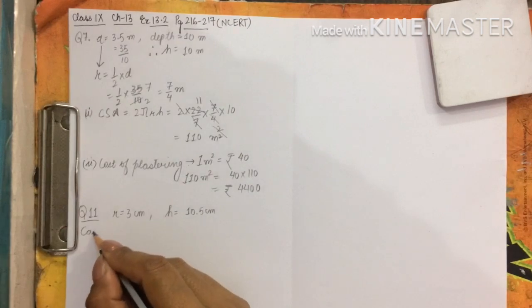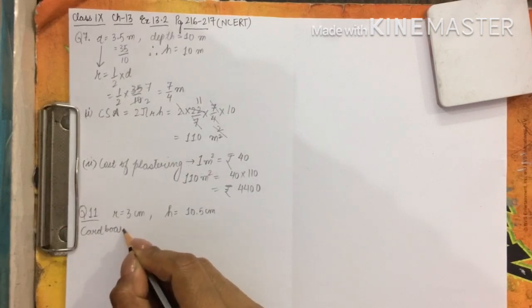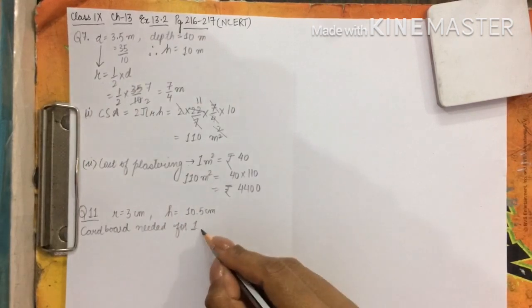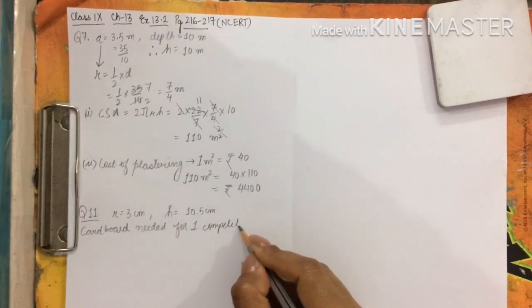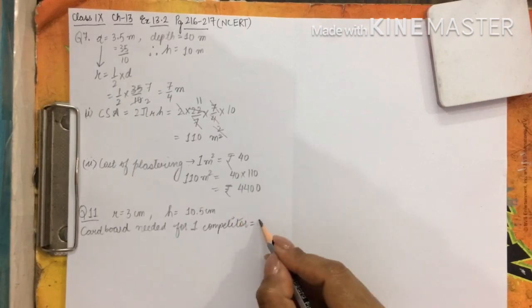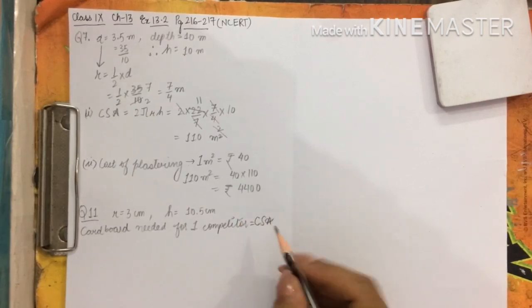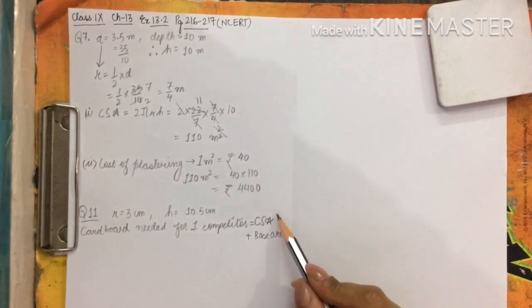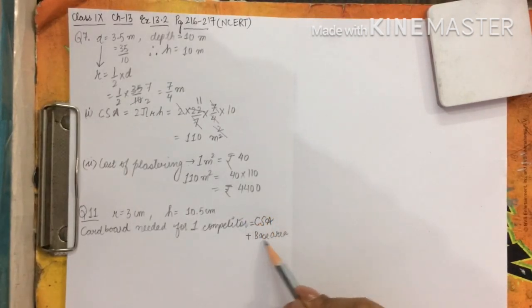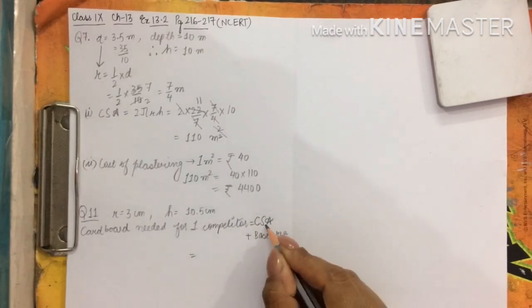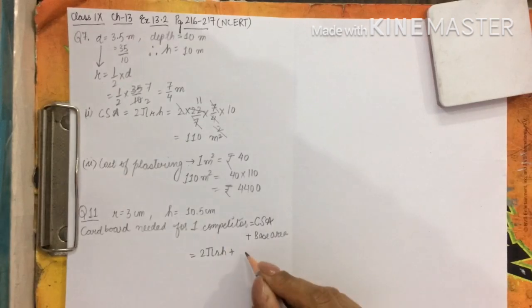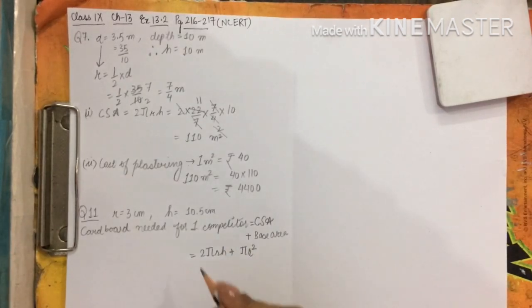So the cardboard needed for one competitor will be given by the curved surface plus the base area, because the cardboard will be used on the sides and on the base. Now the curved surface area of a cylinder is given by 2 pi RH, and the base area, because it's a circle, will be given by pi r square.